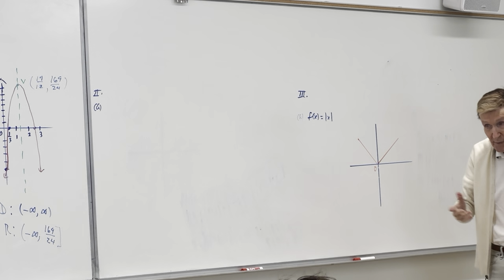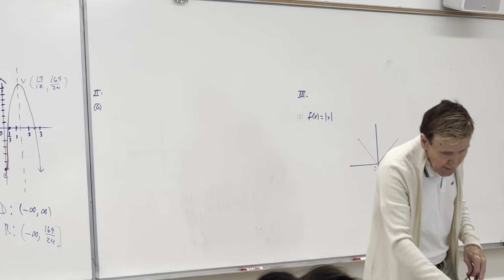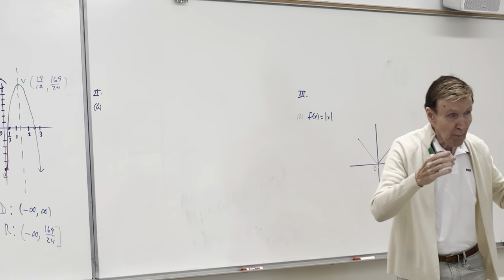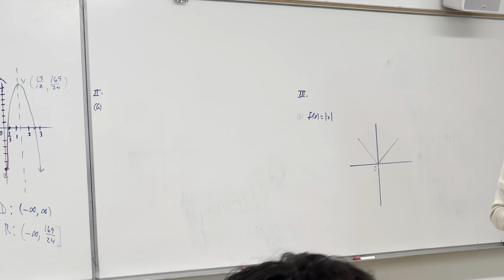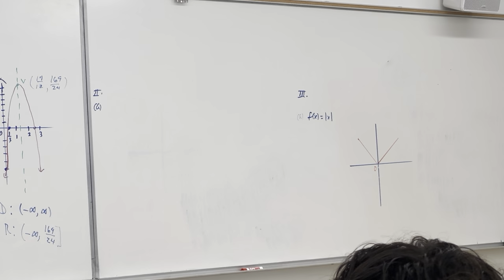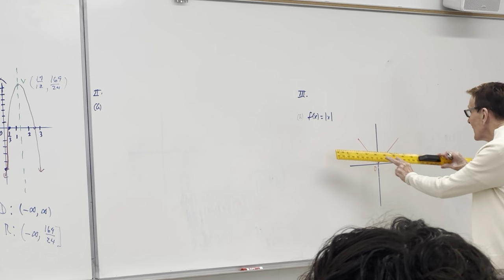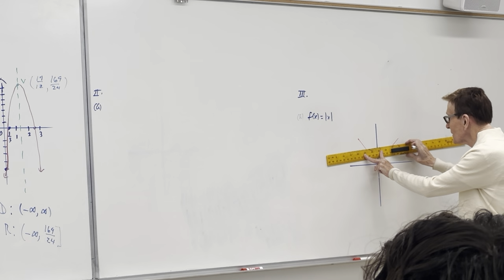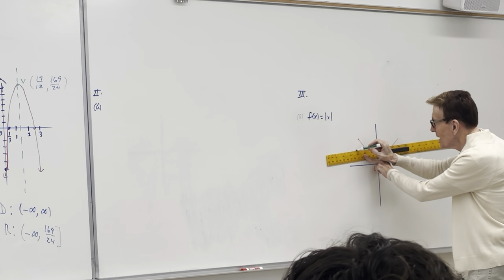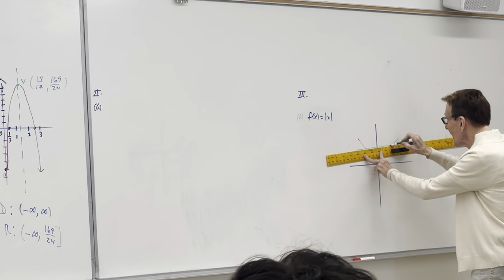I wish the textbook did this, but I don't think it did. We're going to go back to that V-shaped graph and I'm going to do something with it. I'm going to draw a line and ask you a few questions. I'm going to do this in green, guys. I'm going to draw a straight horizontal line straight across. Like that.